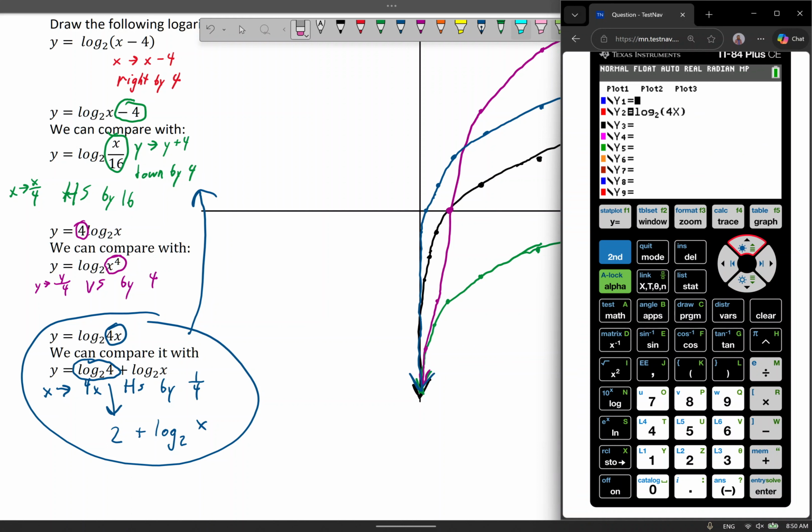Okay, so that's our first one, and our second one looks like this. Okay, so there's our second one, and there's our first one, and they're perfectly overlapping, so they actually look the same.